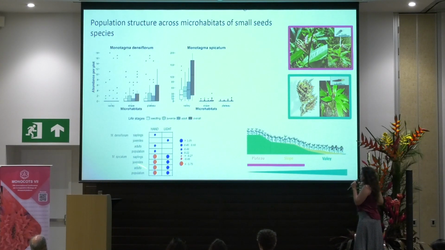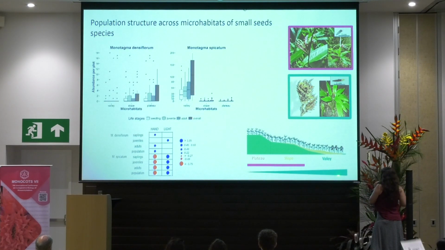This is closer to the stream, the lowest level, and this is farther from the stream. So this is plateau, and this is baixio, the valley. And we see that Monotagma spicatum is really related to the valleys. So if we think about the gradient, we have that. And Monotagma densiflorum is more related to plateau and slope.